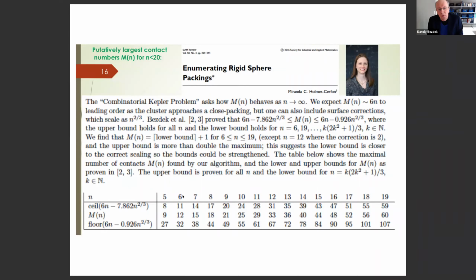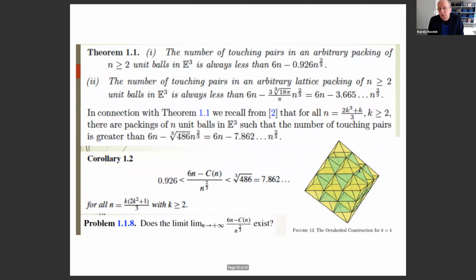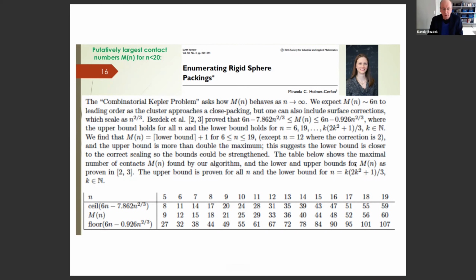And indeed, for 6 and 19, which correspond to k equals 2 and k equals 3, the maximum contact numbers found are 12 and 60, which correspond to the octahedral arrangement that we discussed on the previous page.